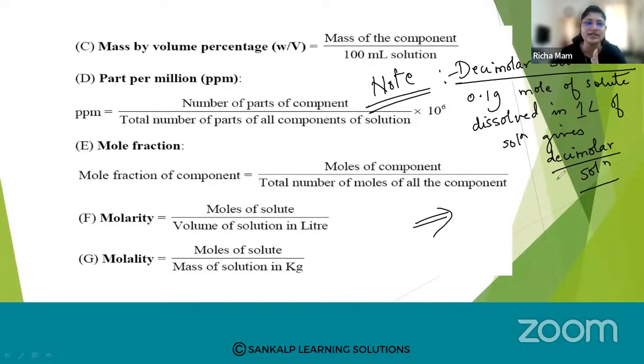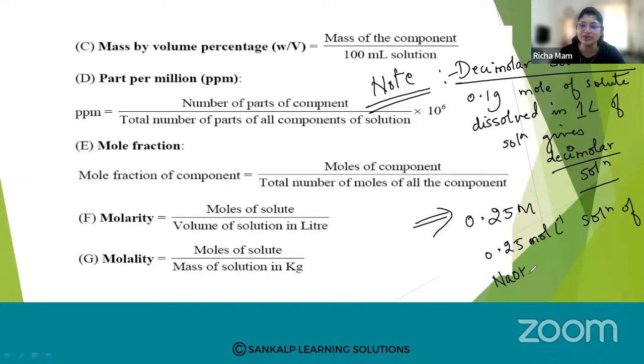If they ask you what is a decimolar solution, you have to tell that whenever 0.1 gram mole of solute is dissolved in 1 liter of solution, you get a decimolar solution. For example, 0.25 molar means 0.25 mole per liter solution of NaOH.